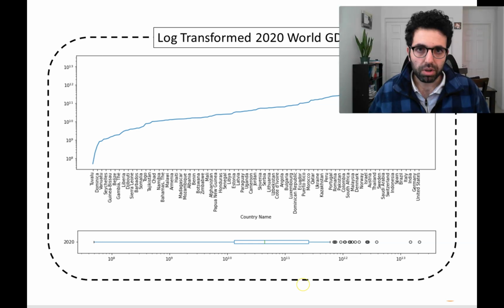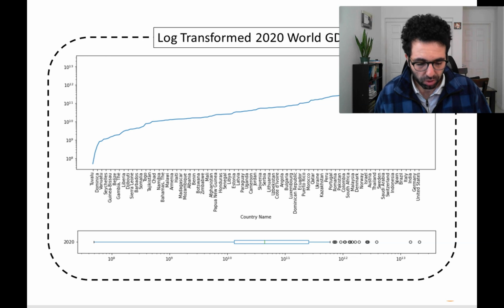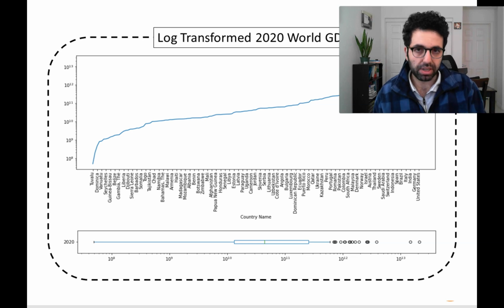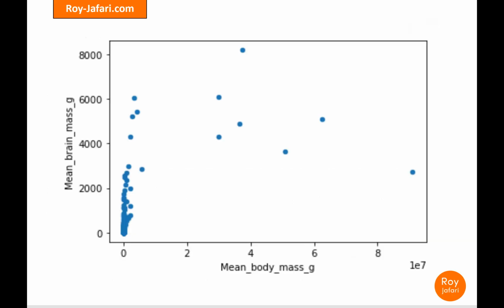Even though these are not the original values, for the purpose of being able to visualize the countries in a line, and also because such differences can disrupt the working of other algorithms, we might decide to go with log transformation.